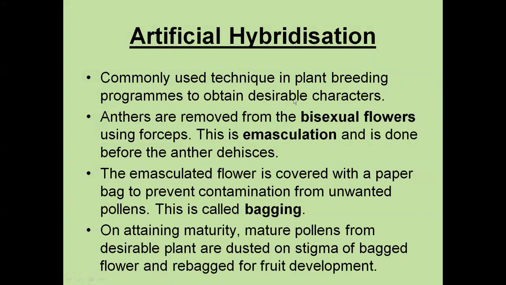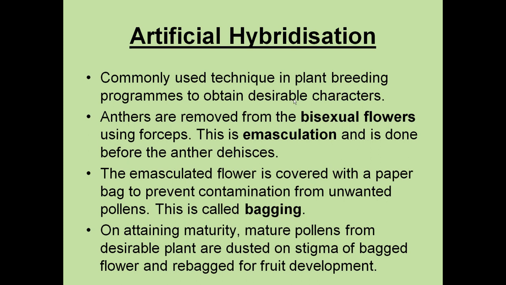Now, not only the natural pollination process is helpful for the fertilization, sometimes we also want desirable characteristics of our importance in that plant. So what kind of technique are we going to use? That is the artificial hybridization.